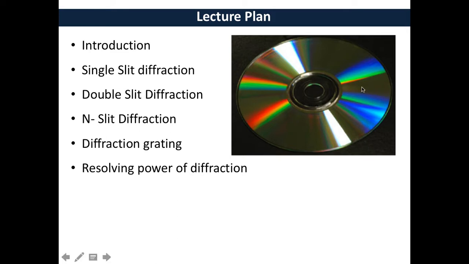Here is the CD, and if you see, there are lines. These lines are nothing but the slits, and from the number of slits you can get the path difference, and from the path difference you can get the wavelength of the light. So that is one application of diffraction.